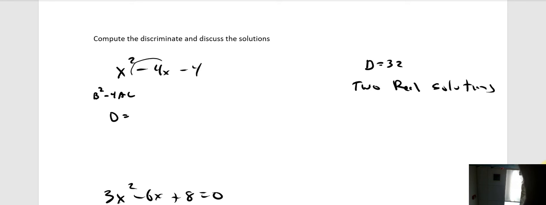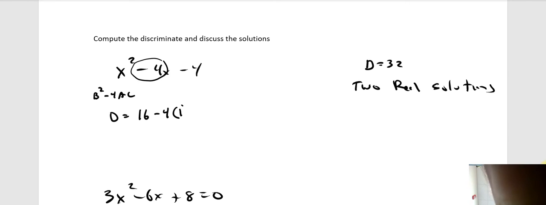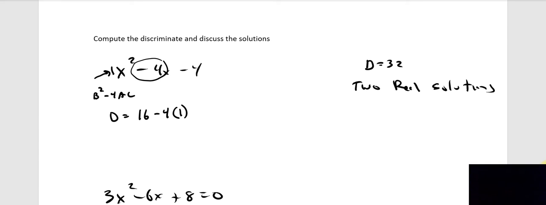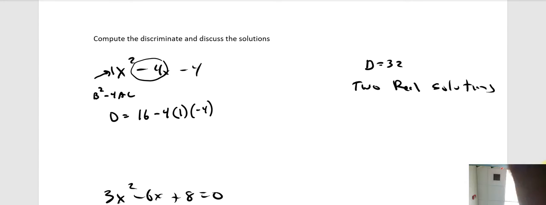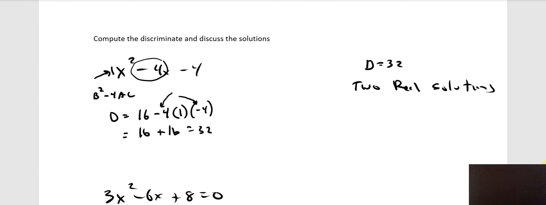B squared is 16, minus 4, a is 1, because although it's not written there, you can think of that as 1x squared, times c is negative 4. So this is going to be 16 plus 16. Now why plus? Because you have a minus there and there, which is 32. Now it's important to note, positive 32.